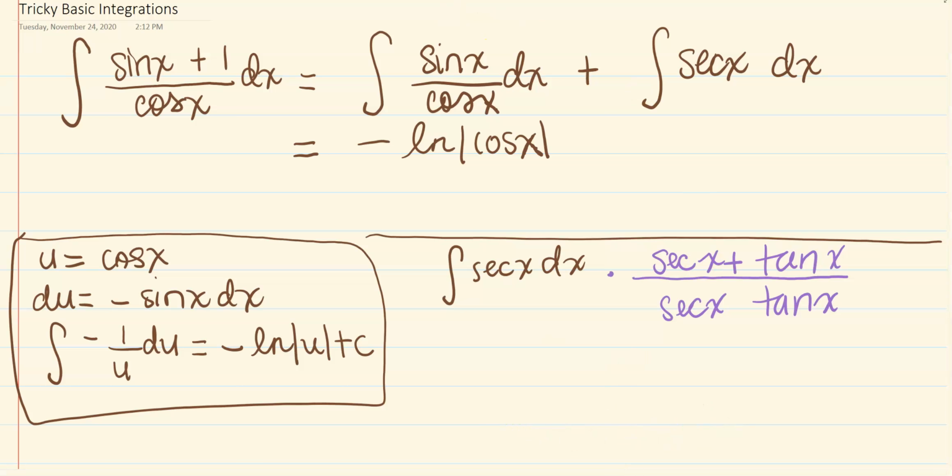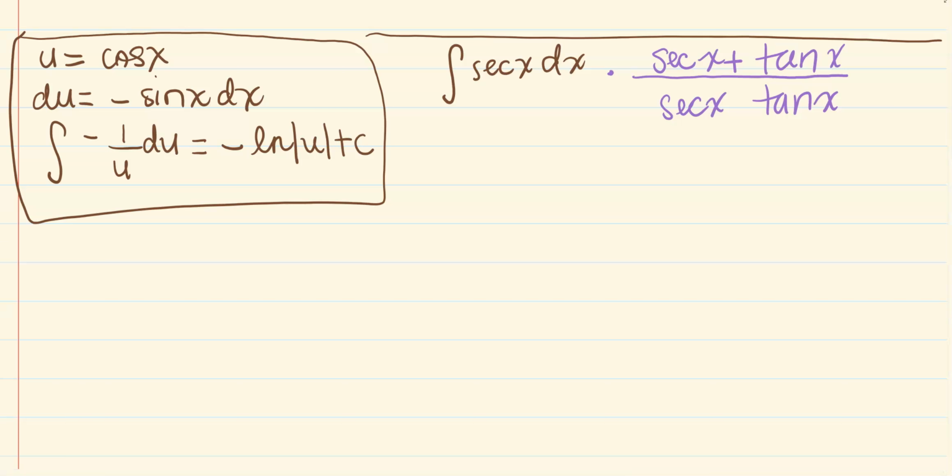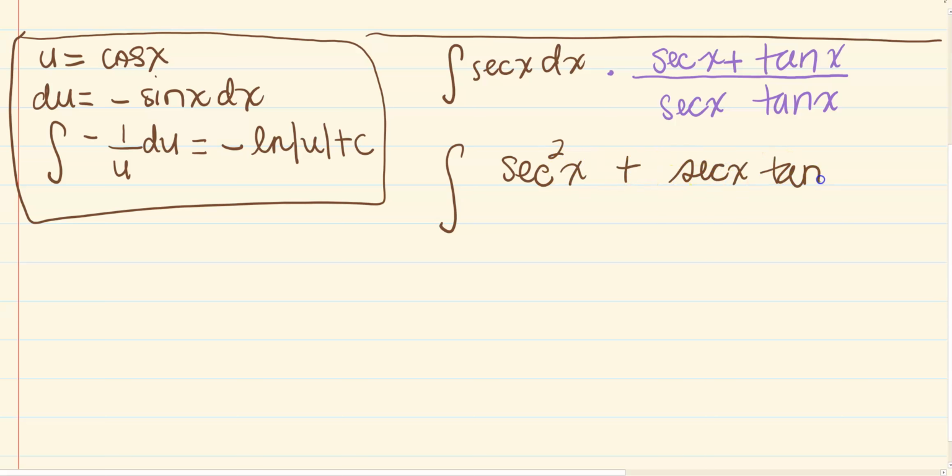I'm going to give myself some room so we can do that integration. When you multiply by secant x plus tangent x, what you have on the numerator, and don't forget the dx is over there already, is secant squared x plus secant x tangent x.